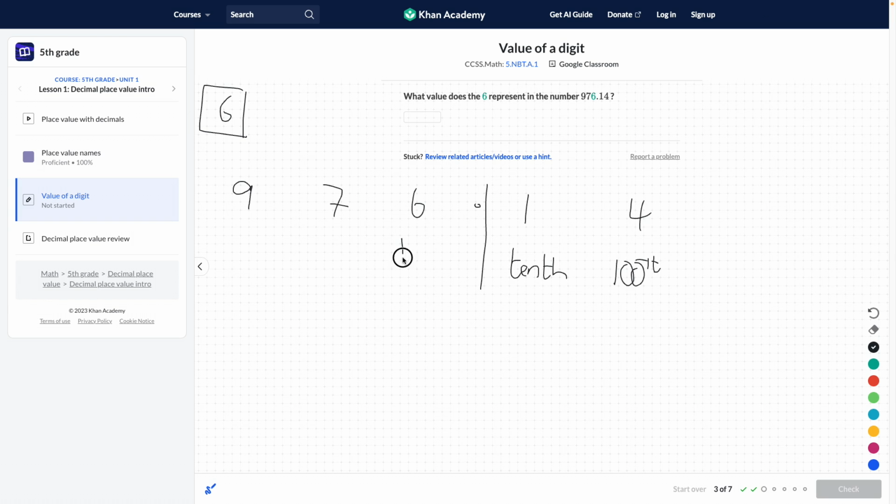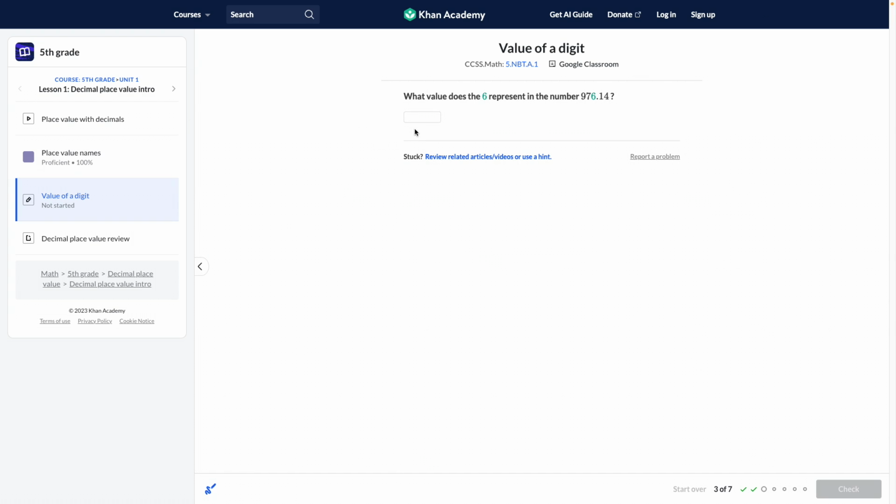This is then the ones, this is then the tens, and this is then the hundreds. So what we do know here is that it's in the ones. So 6 times 1 is equal to 6. So what value does the 6 represent in the number 976? Well, it represents 6. So let's turn this off, come in here and check.